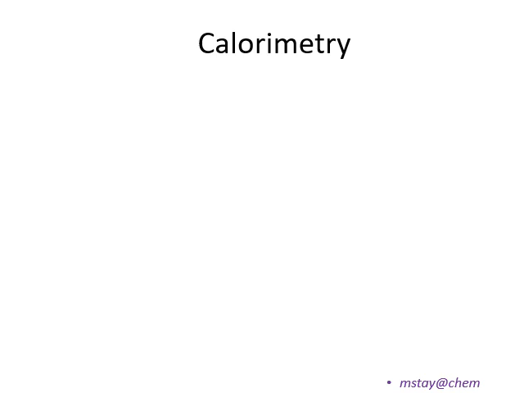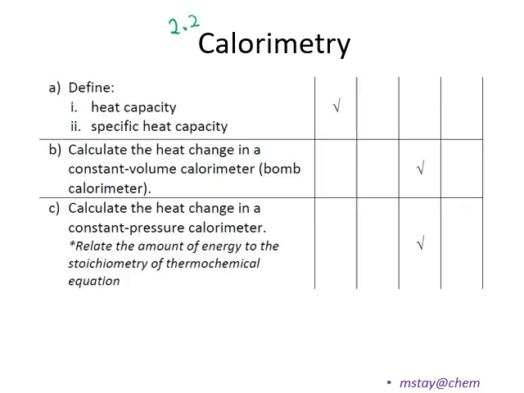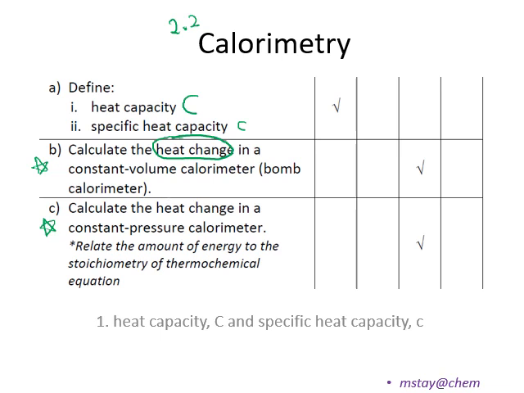In this video, we will focus on the subtopic 2.2 calorimetry. These are the learning objectives in this subtopic: heat capacity, which will be represented by the symbol of capital C, and specific heat capacity, which is represented by the small letter c. Both learning objectives B and C are going to ask us to determine the heat change.